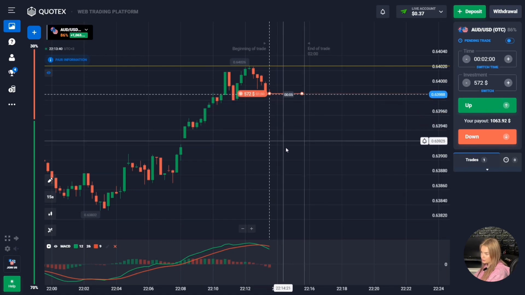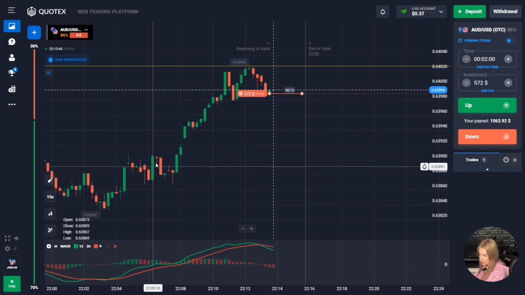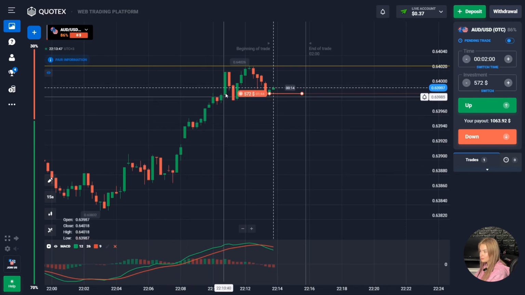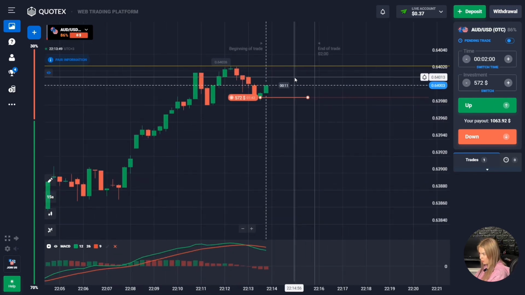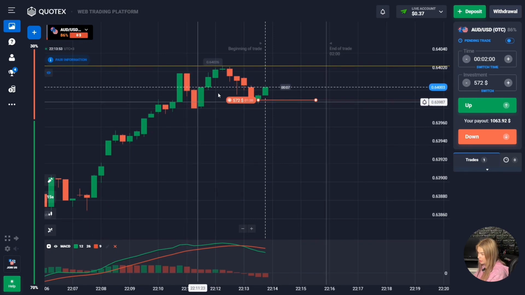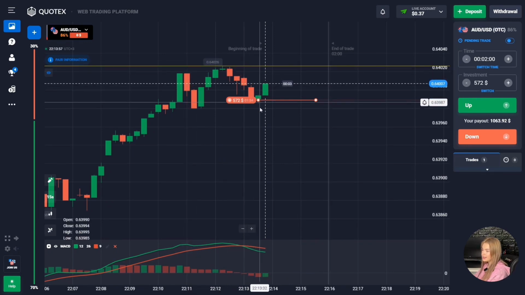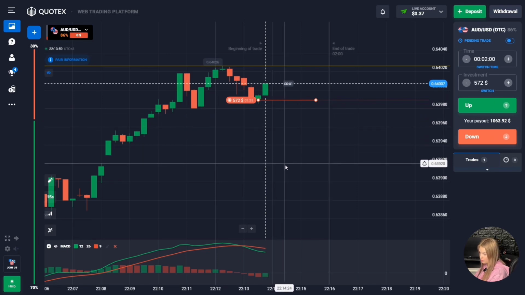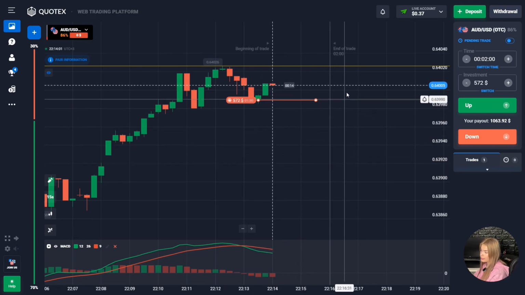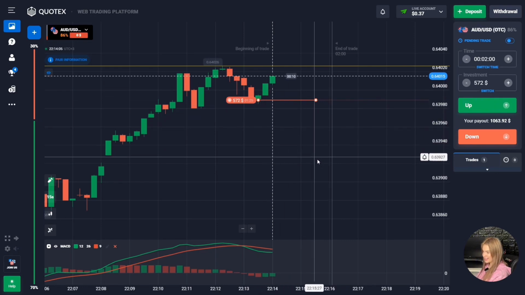We also see that earlier the price moved mainly with green candles, but as you can see, the resistance level is still preventing the price from continuing its growth. And we have more red candlesticks on the chart. Therefore, I think that the price will pull back down in the near future, and then it will probably resume its growth. Here we will try to make money on such a rollback. And let's wait for the result, guys.